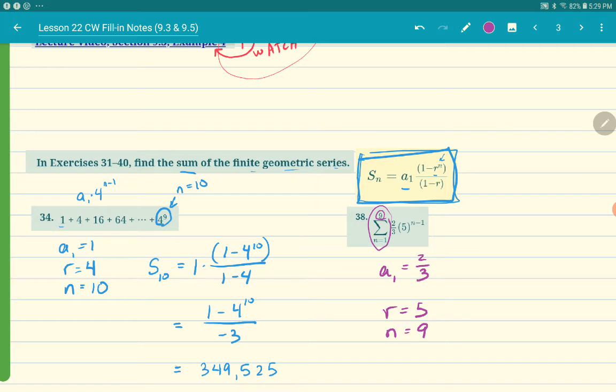So our ninth partial sum is A1 times 1 minus R to the n over 1 minus R, which I'm going to need a calculator for.